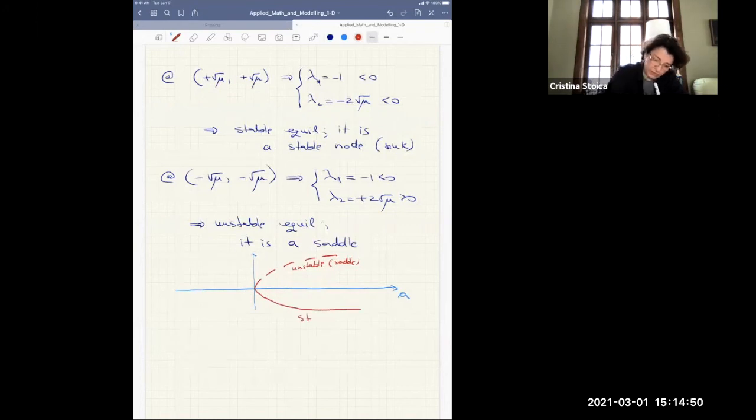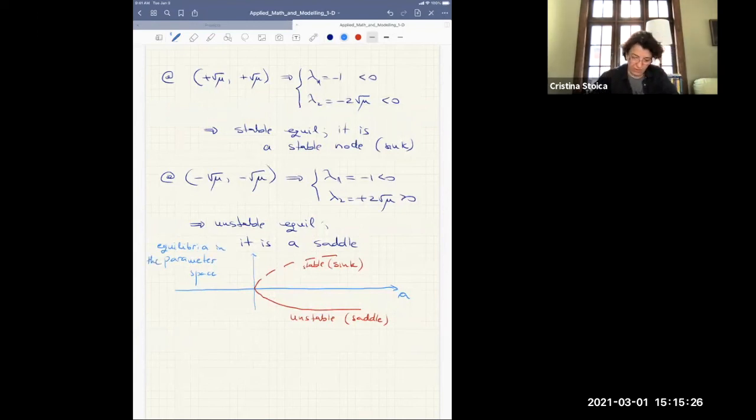Oh, no, it's backwards, right? Okay. So this is stable. And this is unstable. There's the saddle. And this is stable. It's a sink. Okay. And so this is in the parameter space. Equilibria in the parameter space.